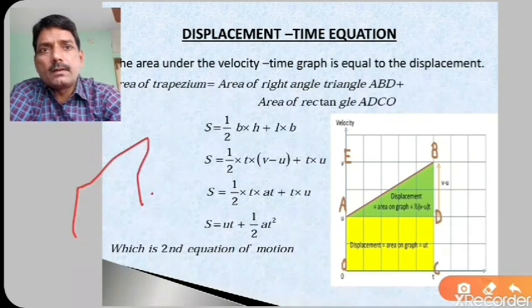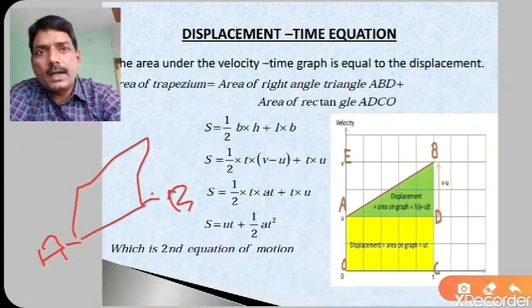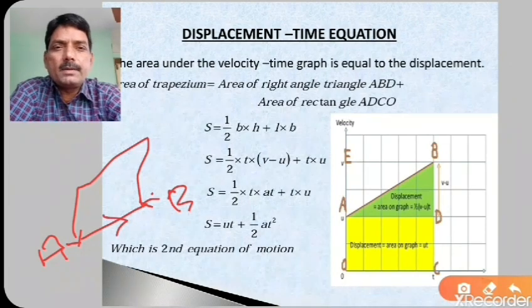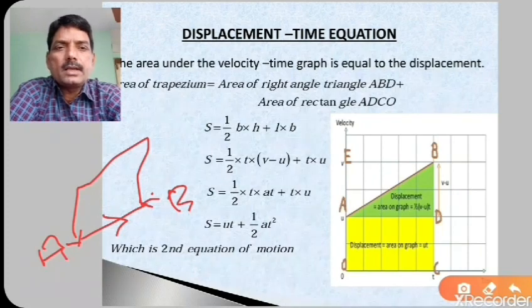Then if you join this point A and this point B with a straight line, the shortest distance AB is called the displacement. That means the line joining the initial point A and final point B, and you measure the magnitude of AB from A to B, and I have shown the direction here. That's why displacement is a vector quantity, having magnitude as well as direction.